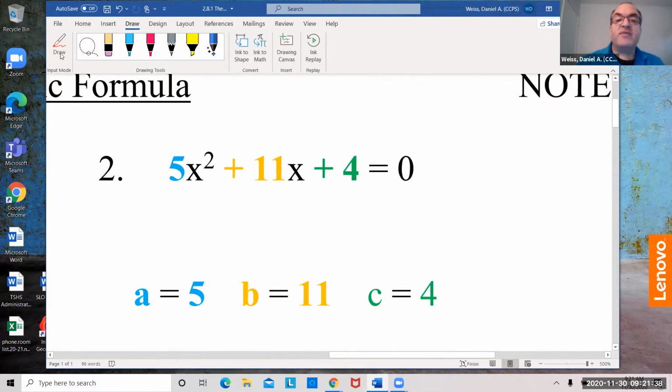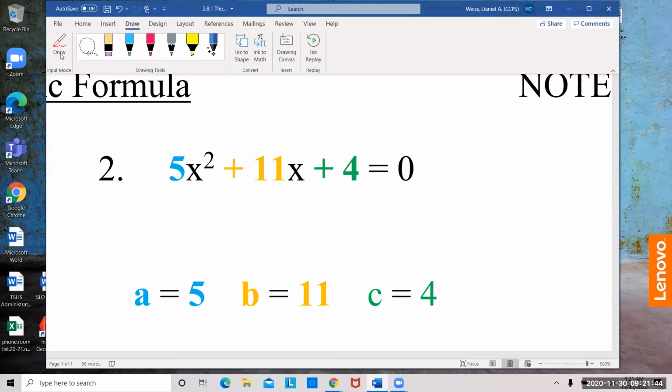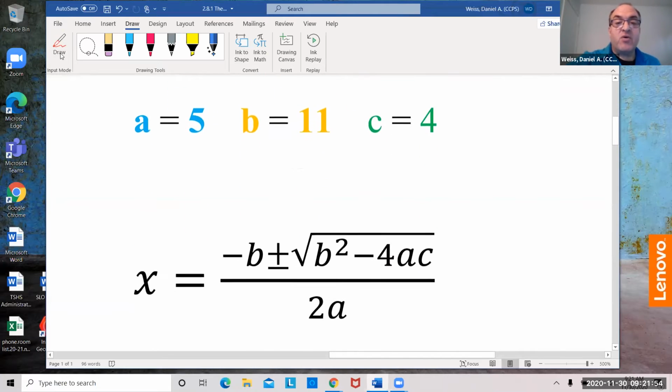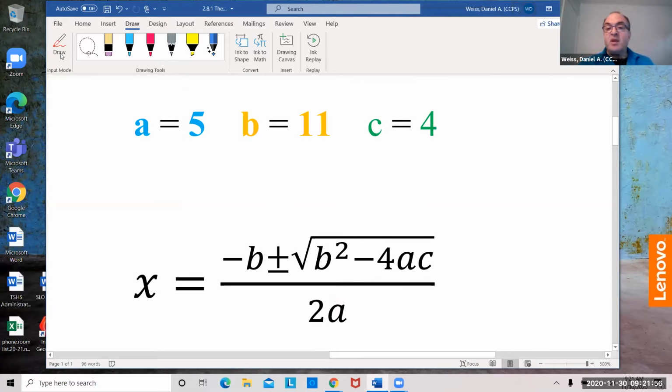5x squared plus 11x plus 4 equals 0. Okay? A is 5, B is 11. Yes, talk to me, Deshaun. So that formula that you just showed us earlier, that's the formula for all these? All of them. Okay? I'm going to use it right here. Same thing. Every single time.